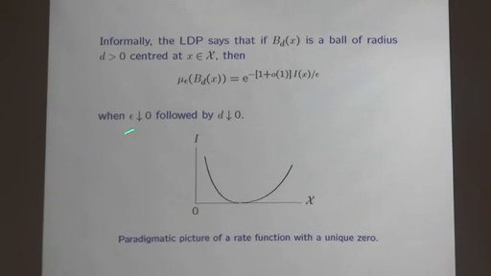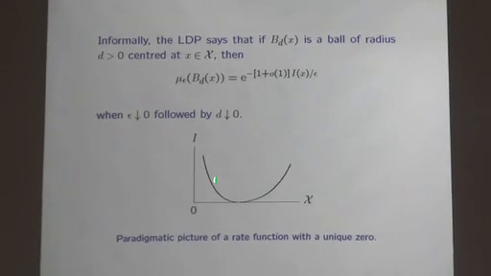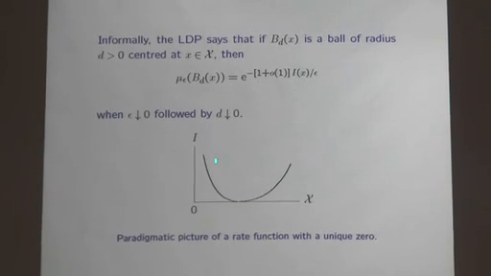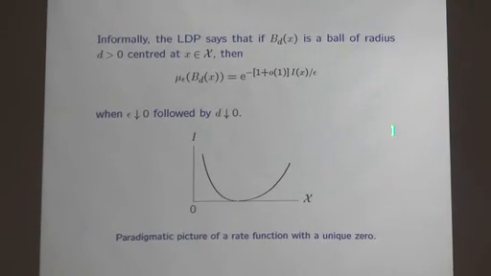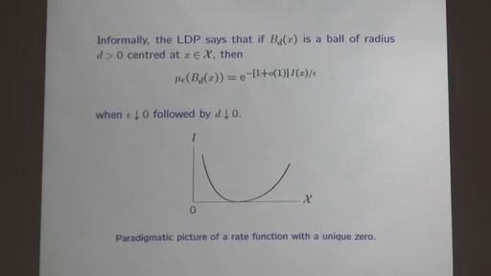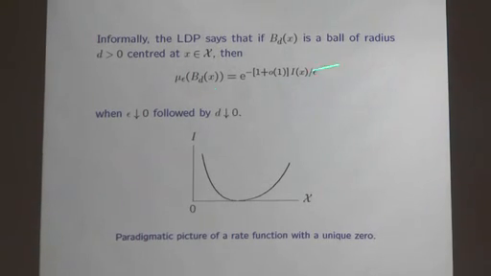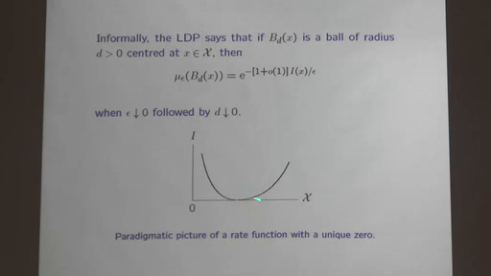Right. And typically your rate function would look something like this. It would have some minimum at 0, and typically it would have this shape. Now, this picture is again a gross simplification, because it could be that this rate function could become infinite somewhere. There could be more than one zero.